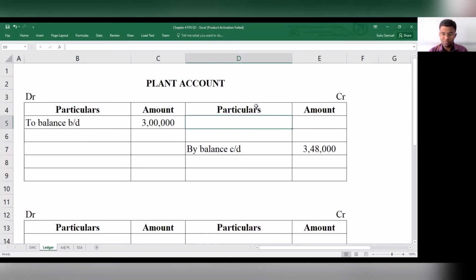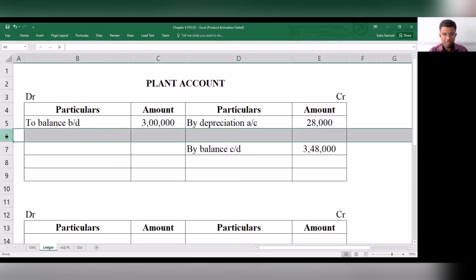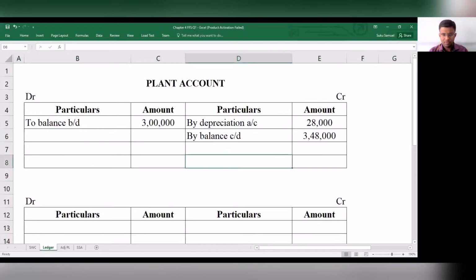So some value of plant is going out. What would that be? That would be by depreciation account, the amount is 28,000. This is the only piece of information which is being given.